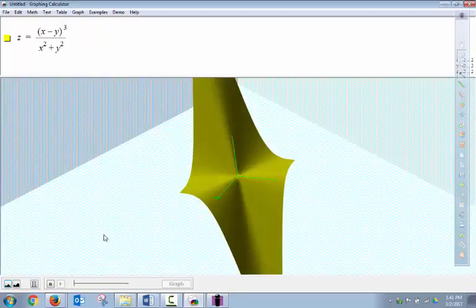But I still think that the limit will exist because regardless of what path I take going to 0, 0, which is usually the issue, I'm still going to be at 0. So we won't be able to prove that the limit doesn't exist.